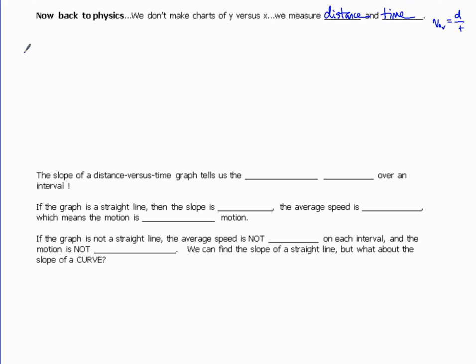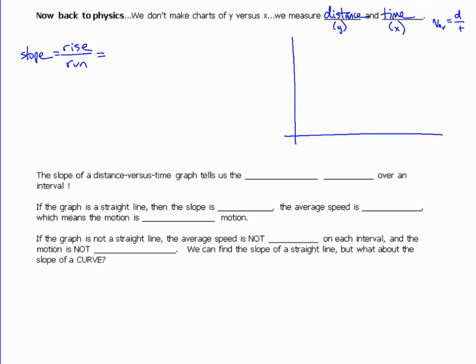So if we're talking about slope being rise over run, what we're going to do is plot the distance on the y and the time on the x.